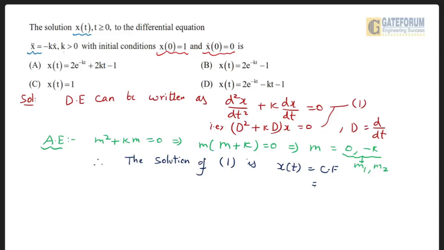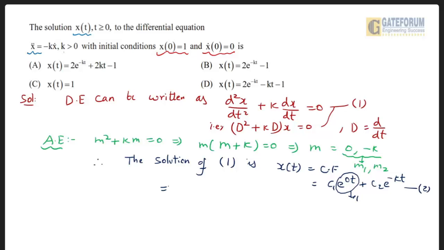For two distinct roots m1, m2, it is c1 e power m1 t plus c2 e to the power m2 t, because t is independent variable. So C1 e power 0 t plus C2 e to the power minus kt. This e power 0 value is 1. Now let us denote this as equation 2.